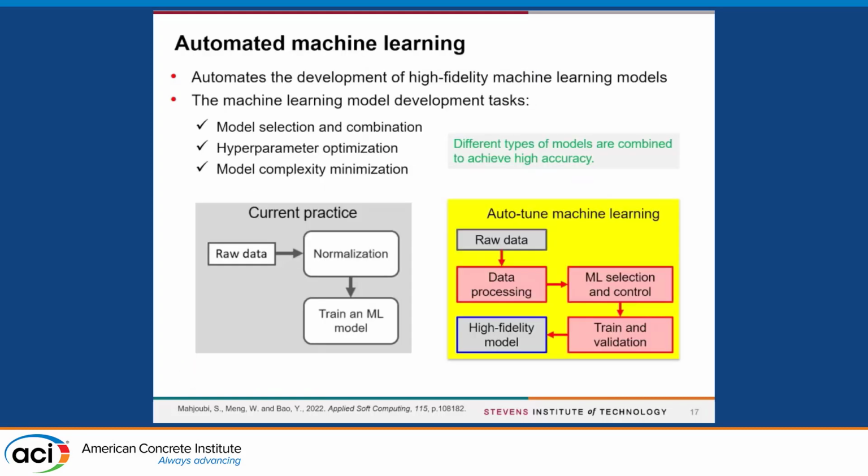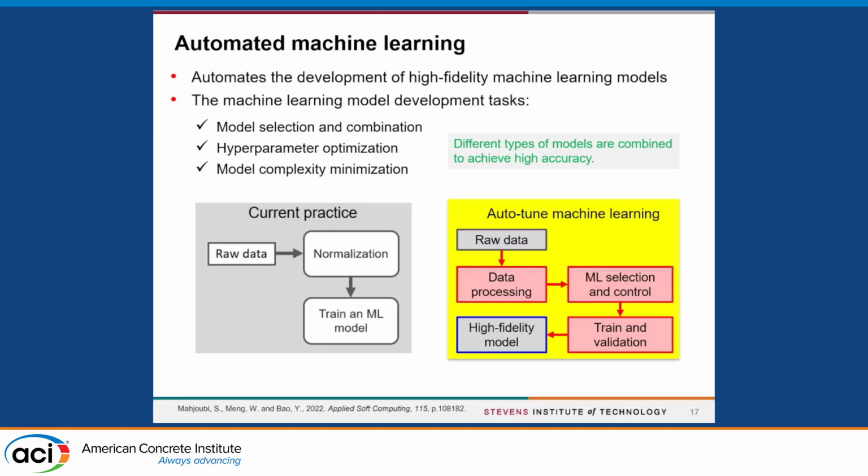So in our studies, we automate the development of high-fidelity machine learning models. This task involves the automation of model selection and combination, the hyperparameter optimization, and the model complexity minimization.